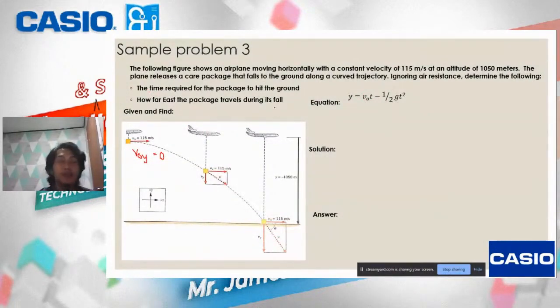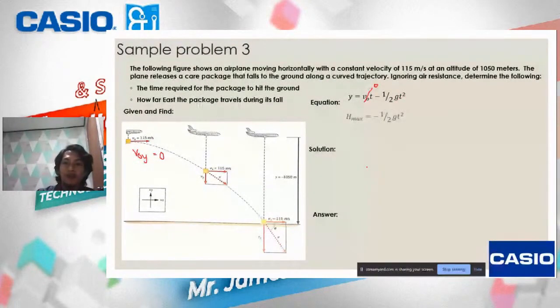So, alin sa mga equation natin ang may time. Okay. Isa to sa mga equation natin. Pero dapat lahat ng values na to ay mapunan. Meron ba tayong y? Check. Meron ba tayong v0? Check. Ito by 115? No. Kasi since we're using along y, so this one is 0. Okay? Meron ba tayong g? Check. May time ba tayo? Ito yung hinahanap natin.